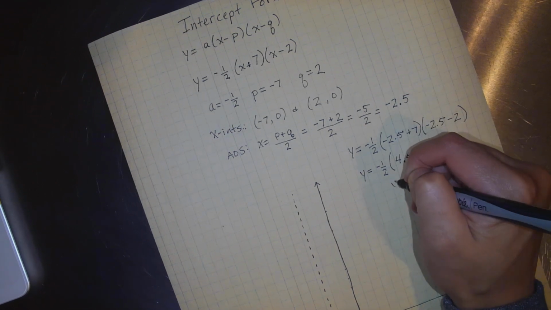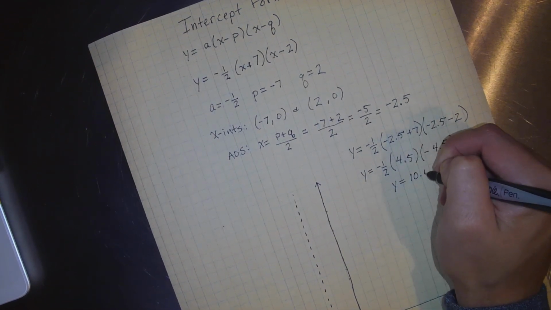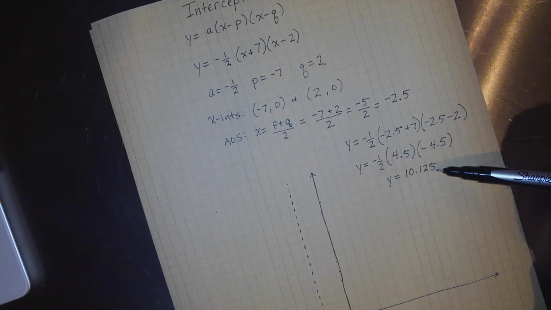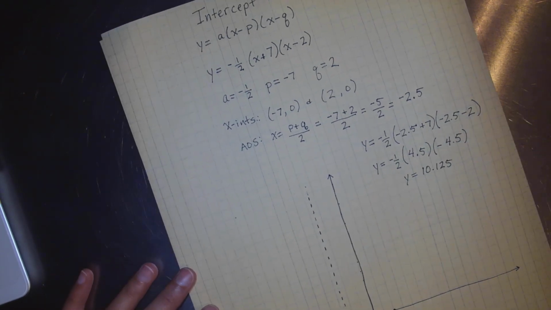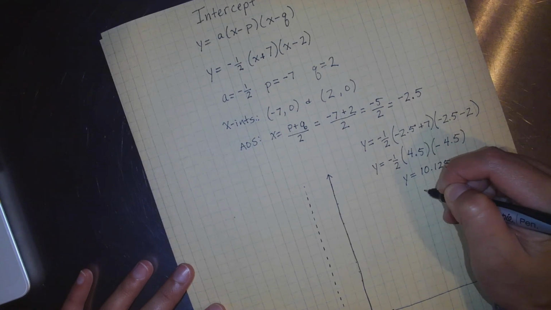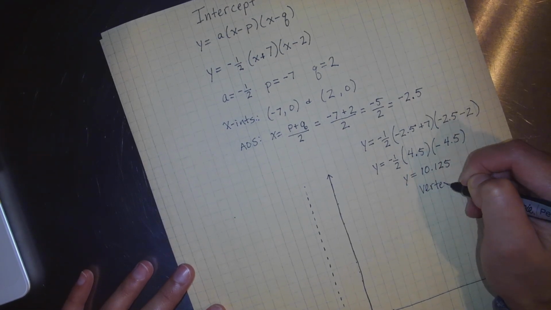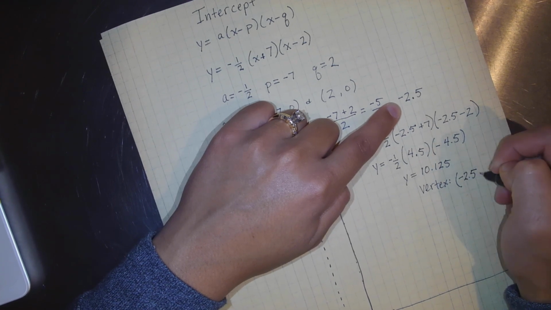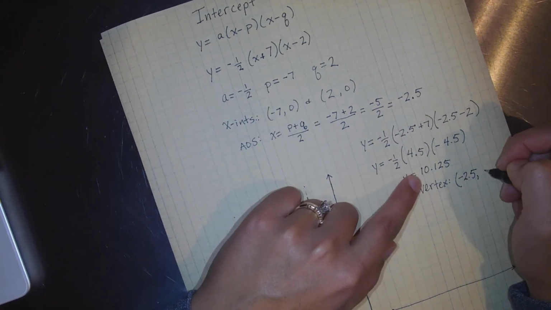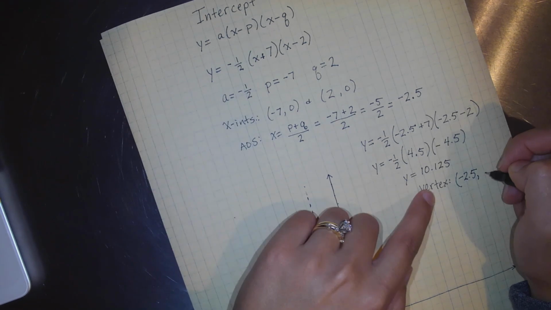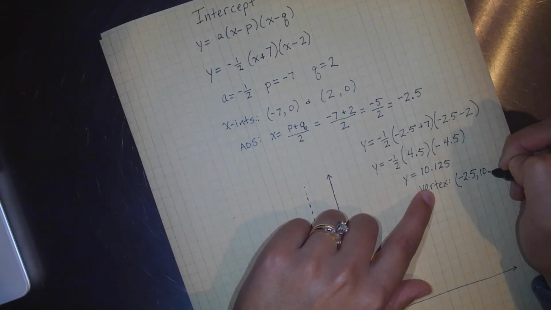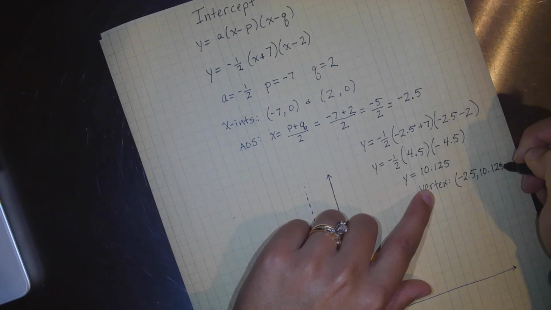So here my y equals 10.125. These two negatives cancel out to give us this positive value. So my vertex is going to be -2.5, which is our axis of symmetry, and after plugging that into our original equation, we found the y value is 10.125.